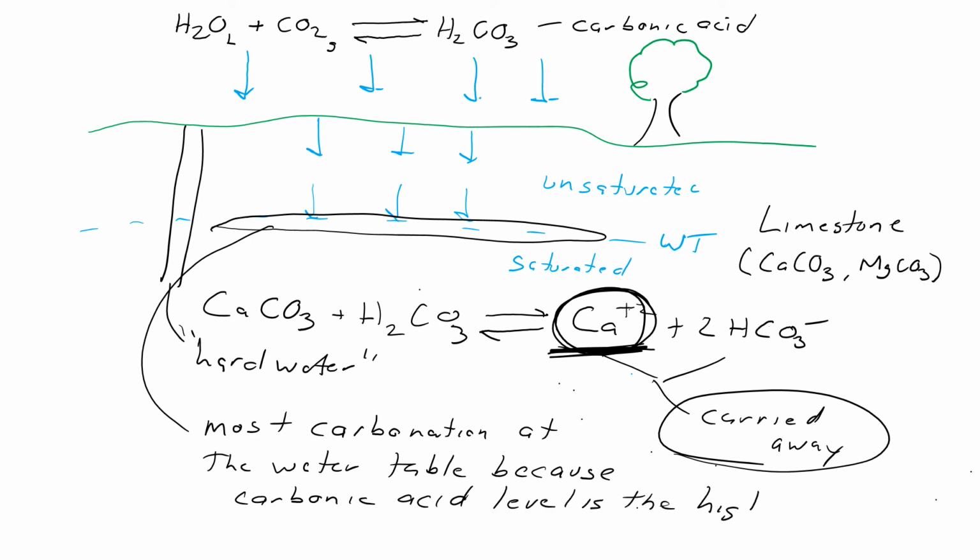It hasn't been diluted yet with water from deeper in the saturated zone. So what you tend to get is areas along the water table may become cavernous over time. It can dissolve completely away and leave caverns behind.